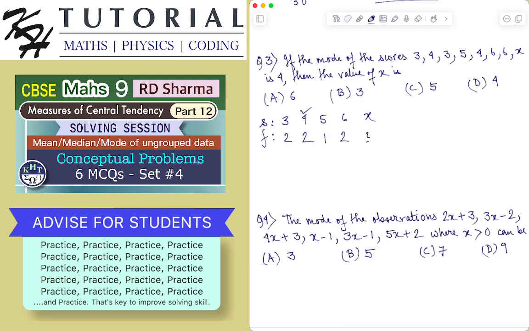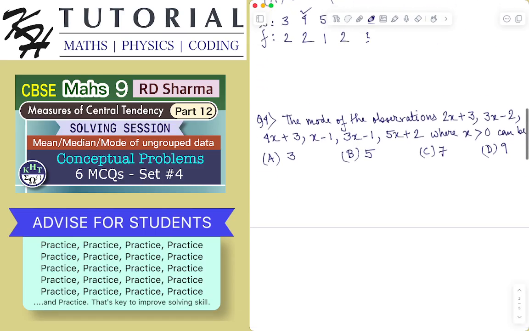Since it is given that the mode is 4, obviously the value of x has to be 4. There was no mathematical strategy or formula here. This problem is just based on the concept of mode, that is the value in a discrete frequency distribution whose frequency is the maximum.